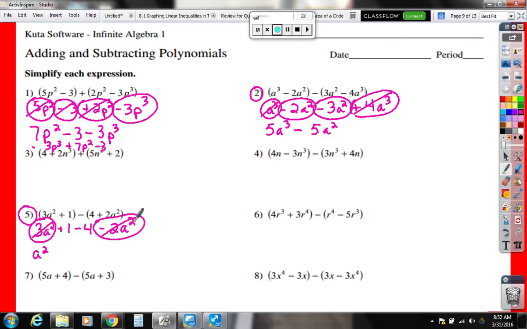Damien, what do we do next? Right here, plus 1. Plus 1 minus 4, what's that? Negative 3. Good. Is that in standard form?